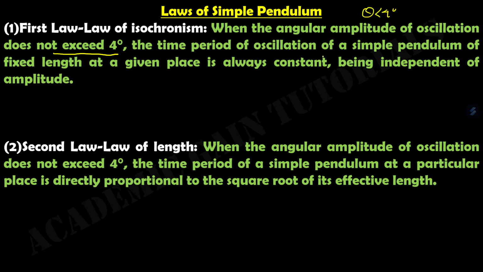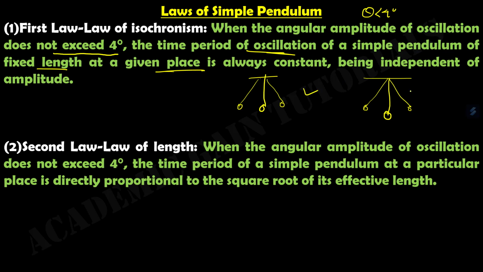The time period of oscillation of a simple pendulum of a fixed length at a given place is always constant, being independent of the amplitude. Suppose I have a simple pendulum in this part, and I also have a same length simple pendulum in this portion.